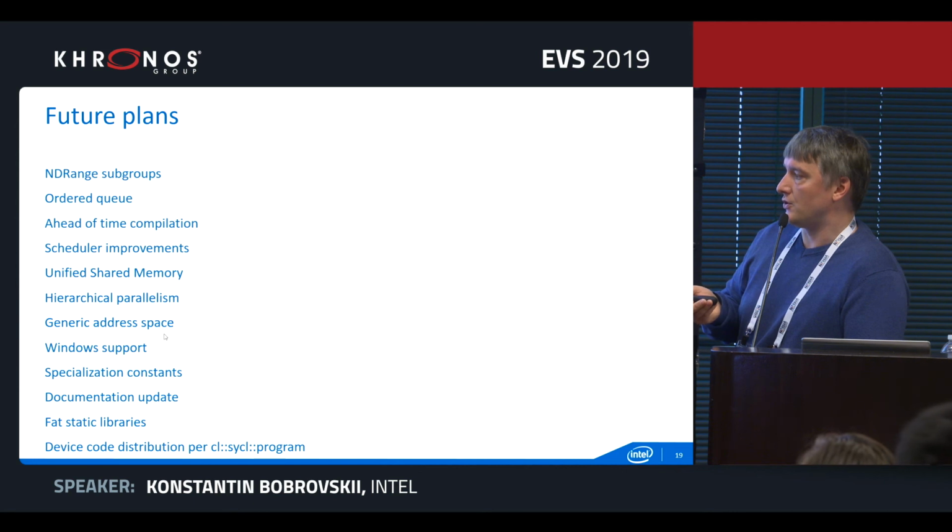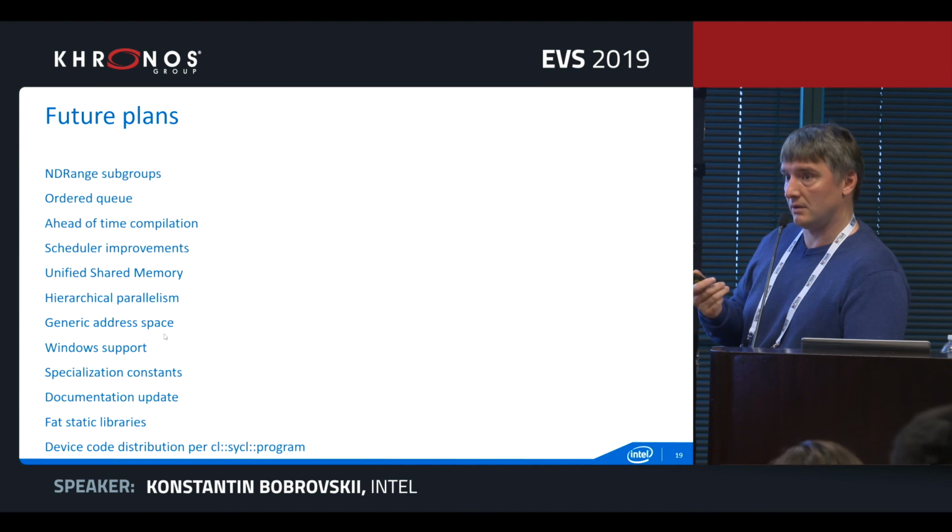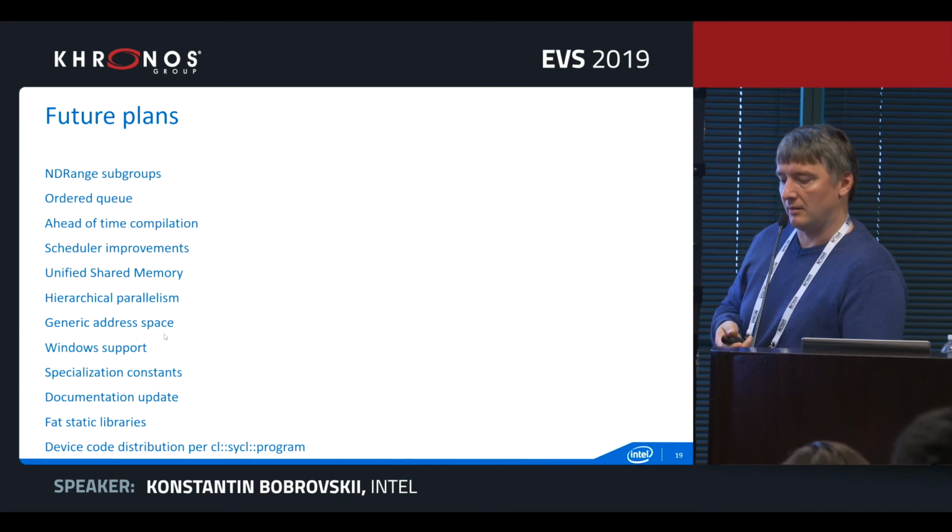to somehow change how we distribute device code kernels per SYCL program, per module actually. Currently, if you have an operating system module like an executable or dynamic library, all the device code in it is put together into a single SPIR-V module.